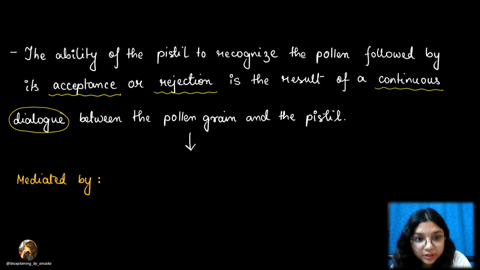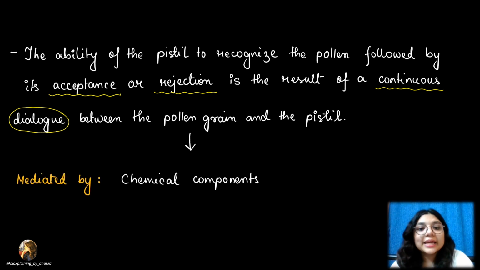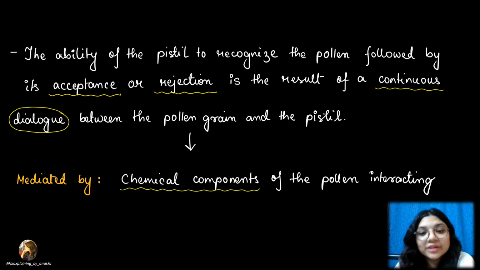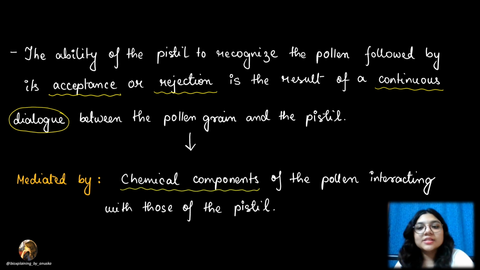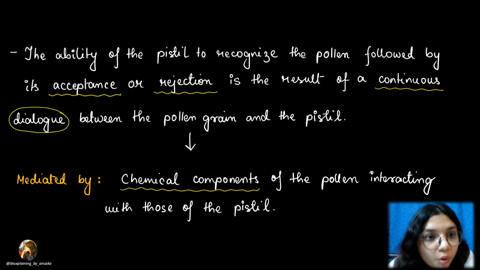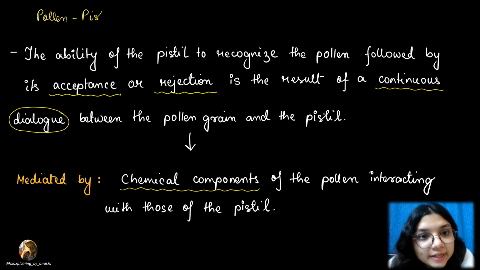Now, what is their dialogue? Their form of dialogue is mediated by chemical components, right? So it is the interaction between various chemicals that are secreted by the pollen grain and those that are secreted by the pistil. Right. So these are clubbed under a common heading that you can call the pollen-pistil interaction. Okay. So this is the pollen-pistil interaction.